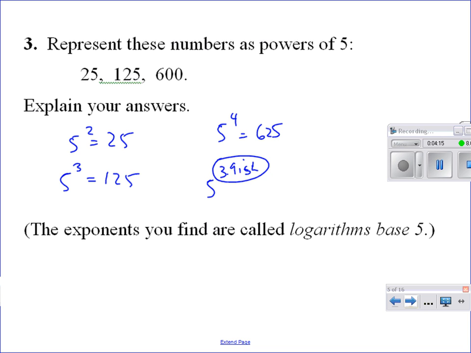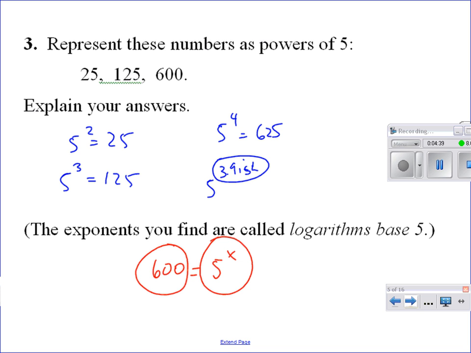And we can go to our calculator and find that number again, repeating the process that we did here. We could set up our equation: 600 equals 5 to the x. 5 to the x goes on line 1, 600 goes on line 2, and so forth, and we can solve that.